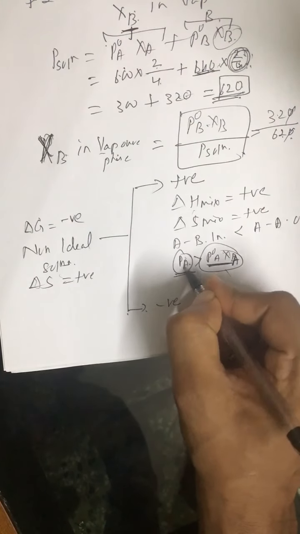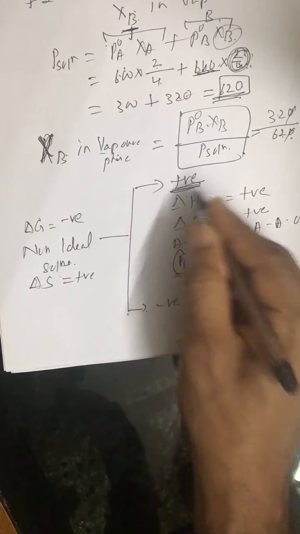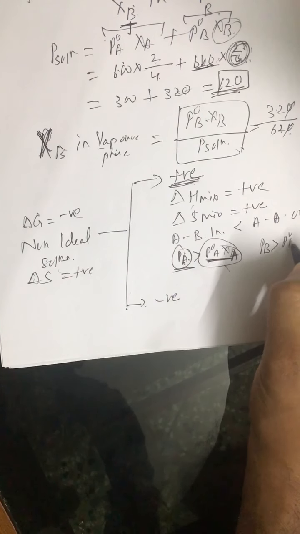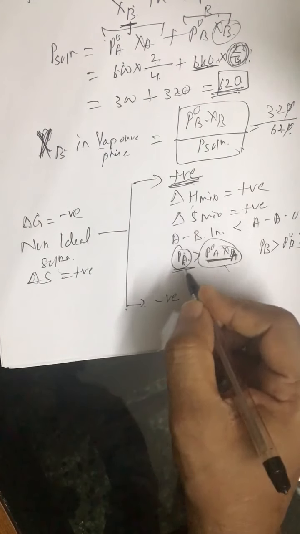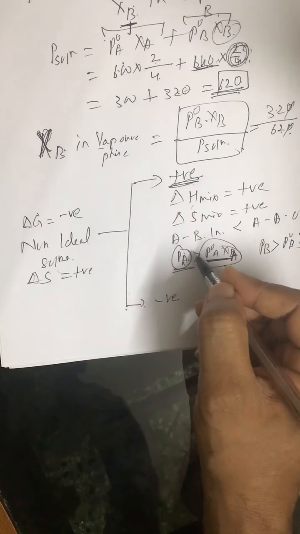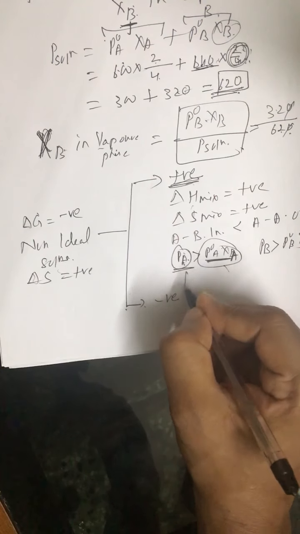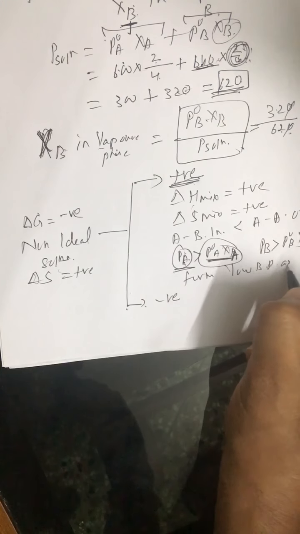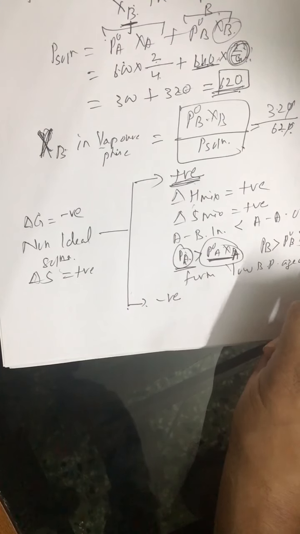Whatever Raoult expects, we will be having more value in case of positive deviation. And PB is greater than P0B x of B. And they form low BP azeotropes. These are the points. Alright.